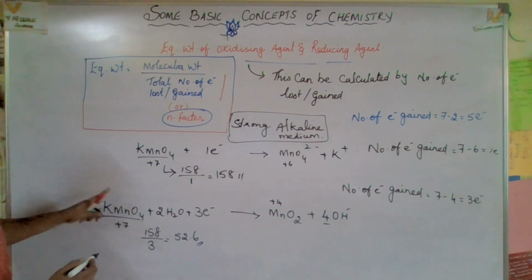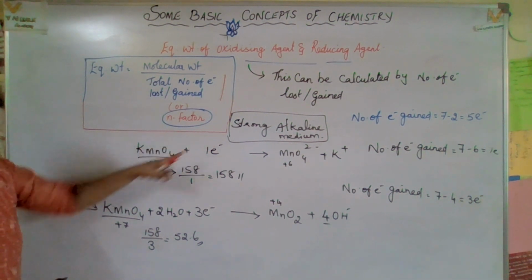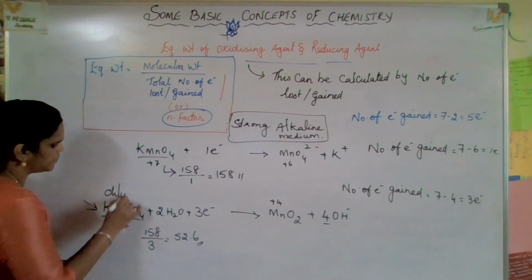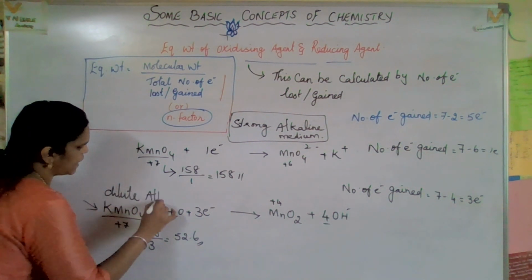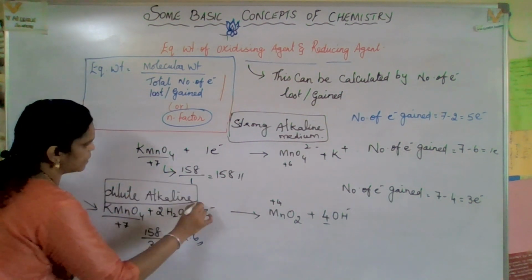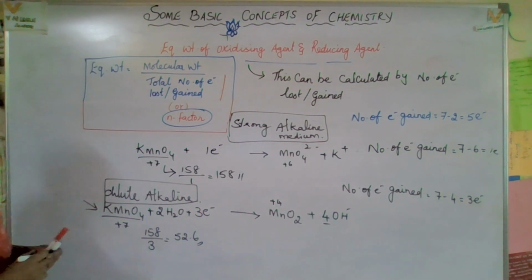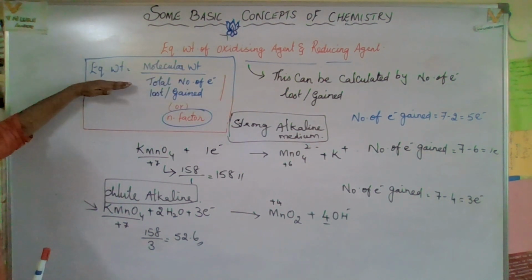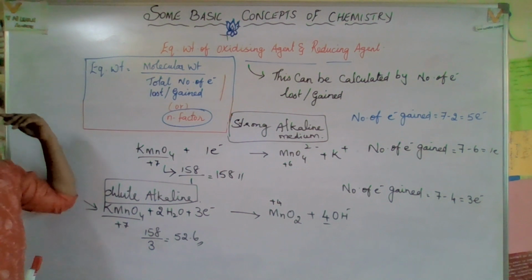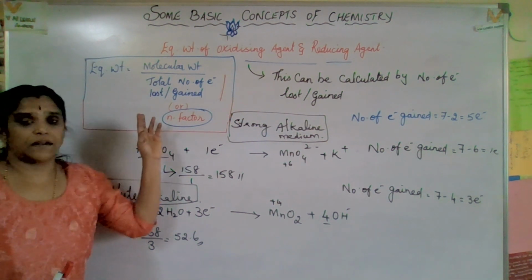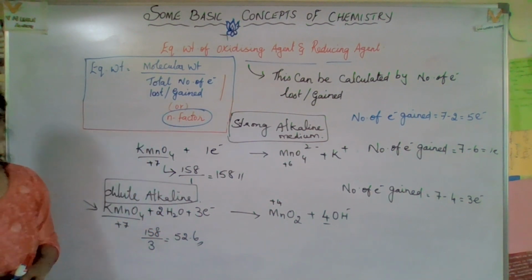This is for strong alkaline medium, and dilute alkaline medium and acidic medium we have already gone through. Hope you got a clear idea about oxidizing and reducing agents, how to calculate the equivalent weight: molecular weight divided by the total number of electrons lost or gained. It is also known as the N factor.